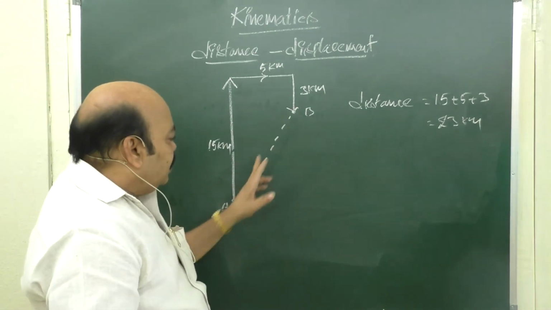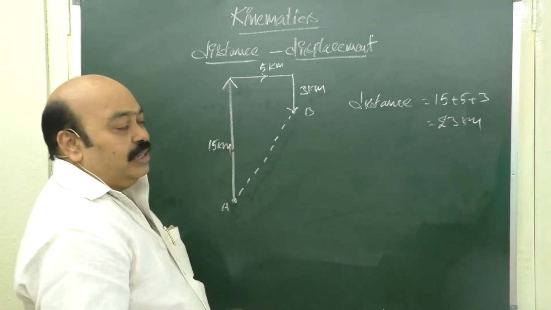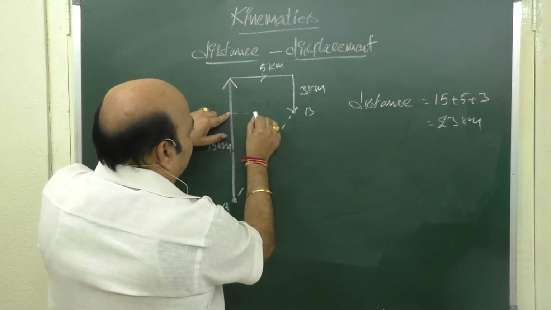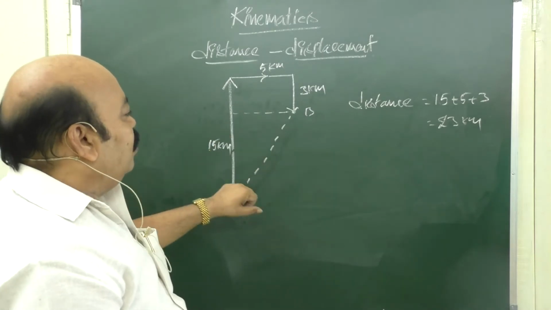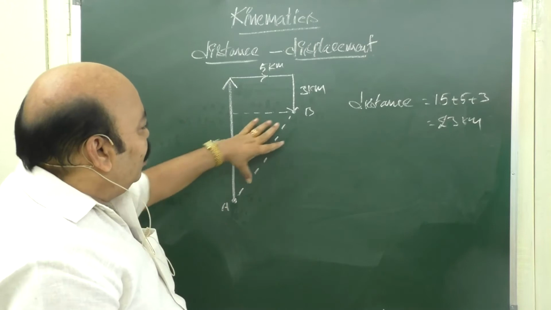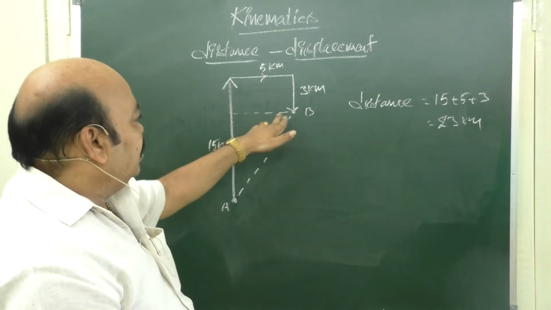To find out this, I will play a small game in the geometry. If I fill this box like this, the total solution becomes very simple. In the beginning it appears complex. How can we measure this one without any base? Here, after constructing this, it is a rectangle.